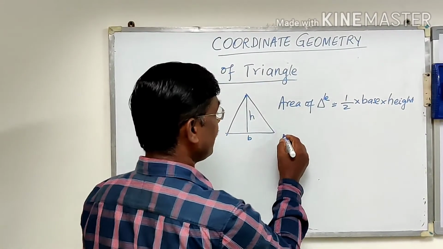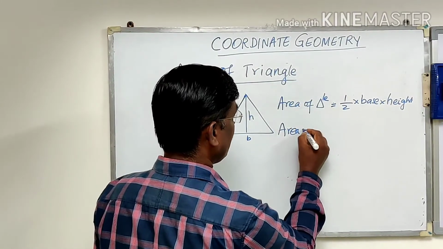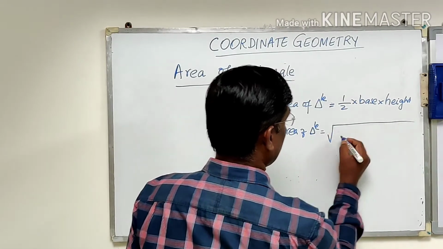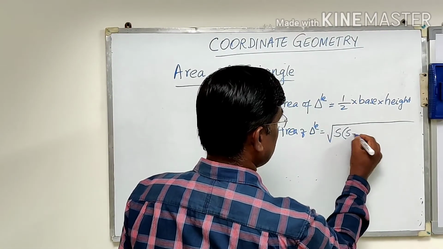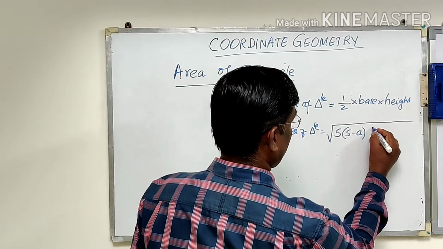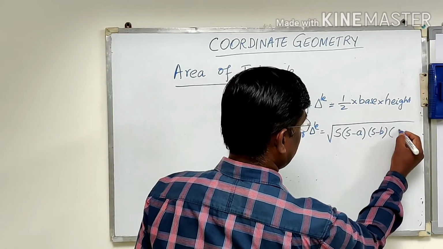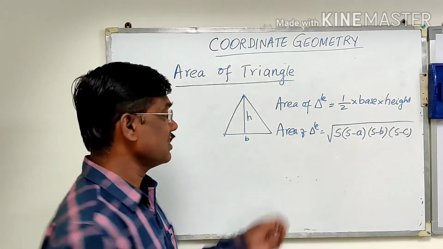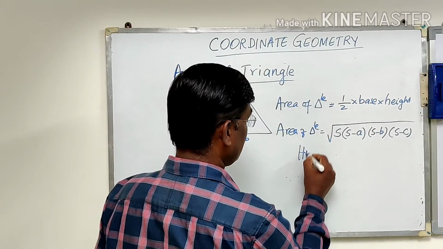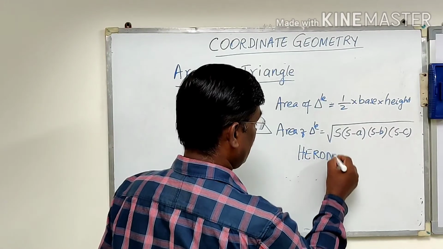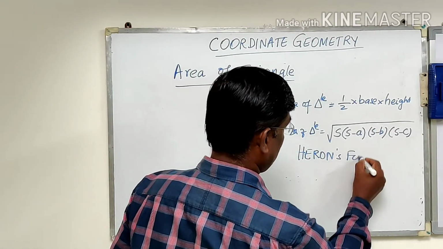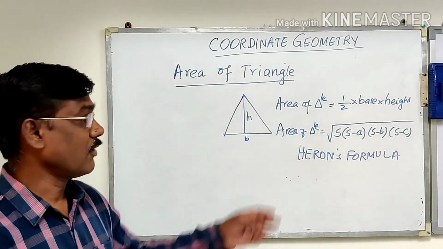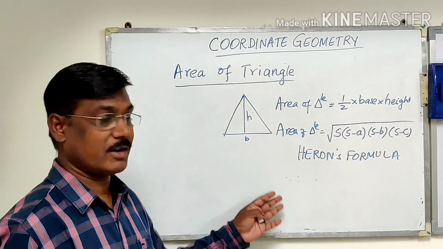The other formula, another formula, is called Heron's formula to find the area of a triangle.